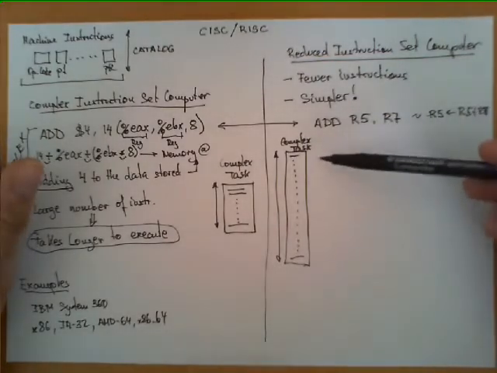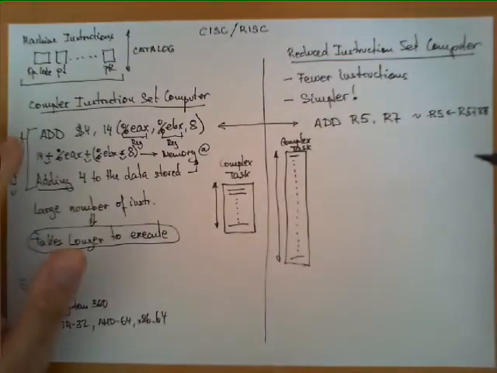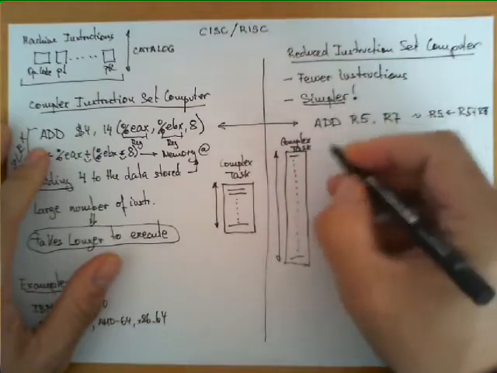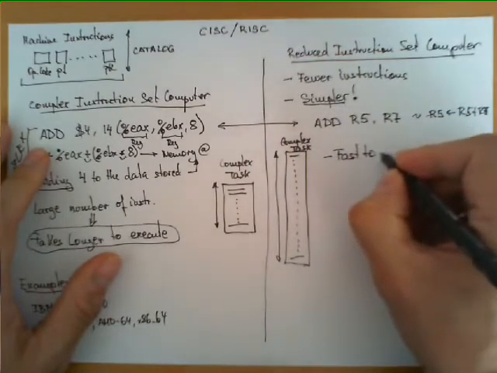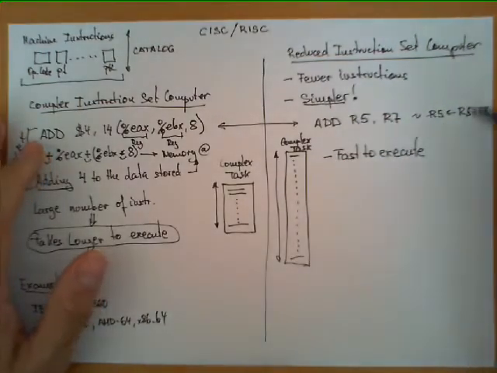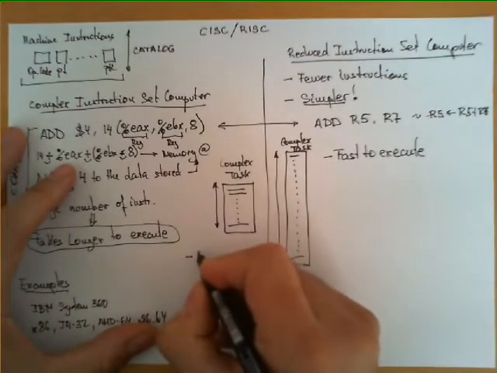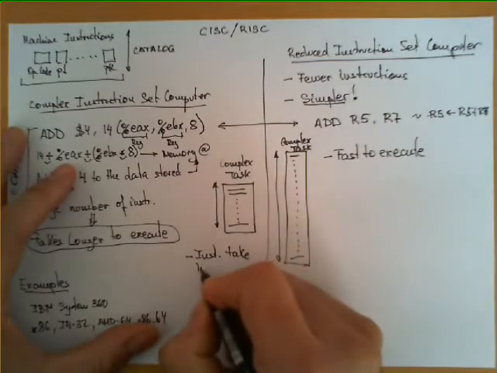However, even though we might think that this is worse because we're using many more instructions, there is also another interesting trade-off. If my instructions are simpler, they are also faster to execute. Why? Because the type of operations that we're doing here is very simple, whereas in here, instructions in general take longer to execute.